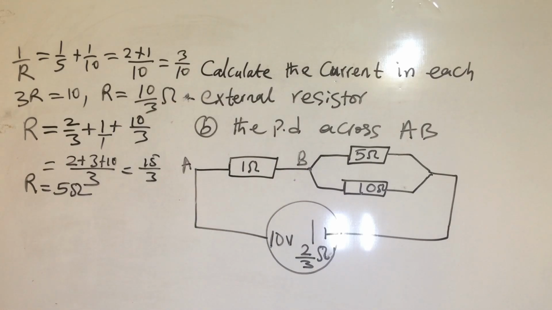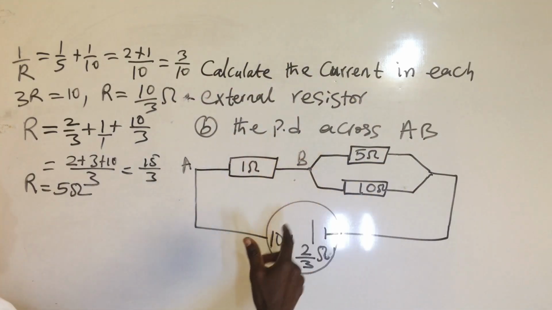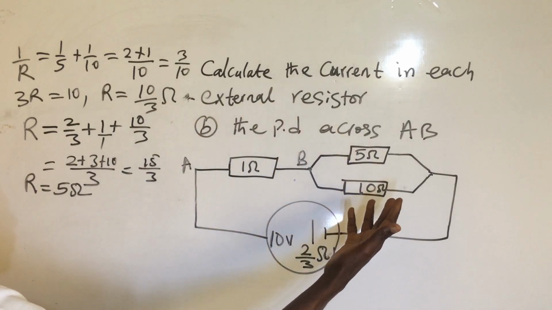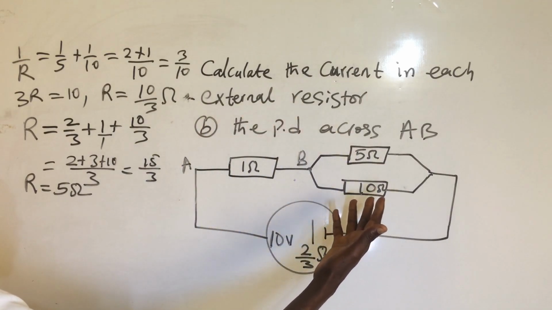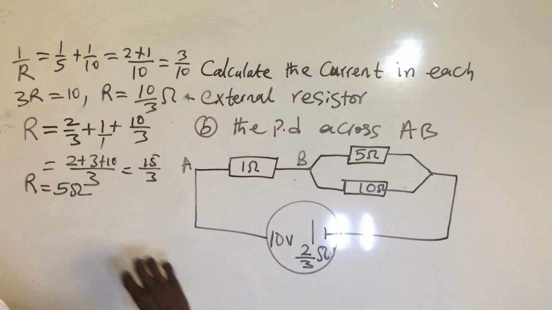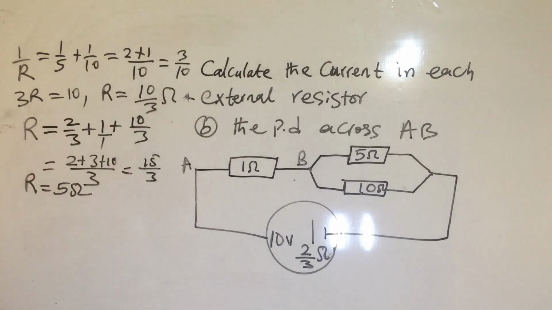Now let's begin to calculate. Since all of them are in series now, the current passing through a series connection of resistors is the same. So the main current that is passing through all of them when they are in series is what I'm calculating.